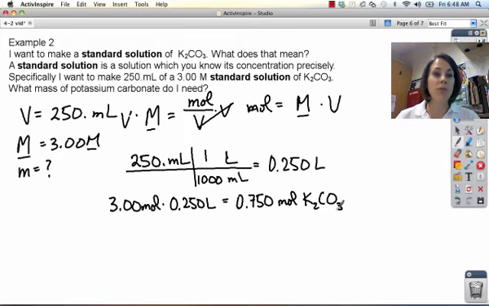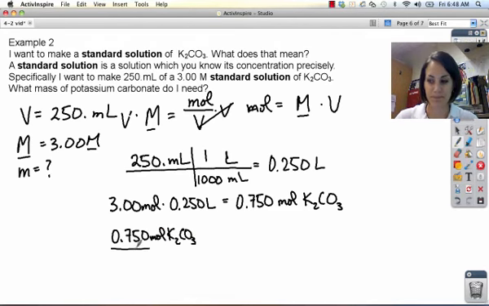I've solved for moles, but remember I was looking for mass. So now it's just one more step, converting into grams using the molar mass of potassium carbonate.